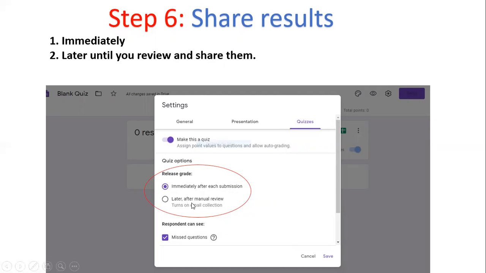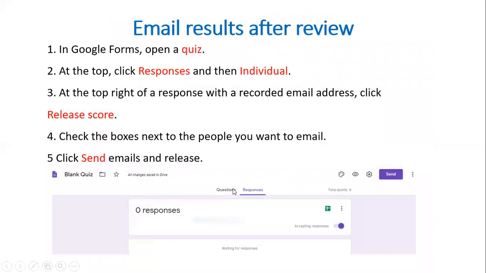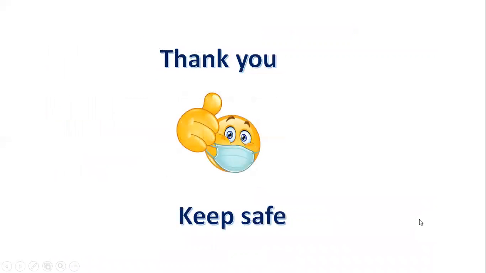And if you tick later, after manual review, that means the release of the results will be delayed until you review them manually and then decide when to submit the results. In this case, again, go to the form, click response, and you will find individual. So click on release score and tick the boxes of all the people that you want to share the result with and click send. And by this step, you will end the final step of the electronic exam.